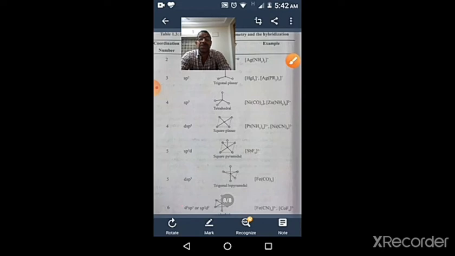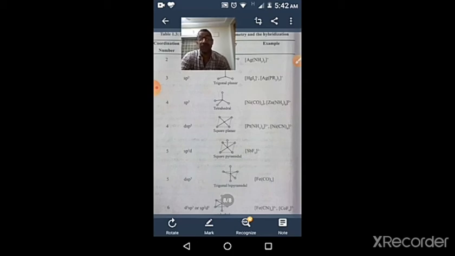Okay, so this is an octahedral geometry. Examples for this are hexacyanoferrate(II) or hexafluoridocobaltate(III). So these are the different examples of coordination compounds with different coordination numbers.